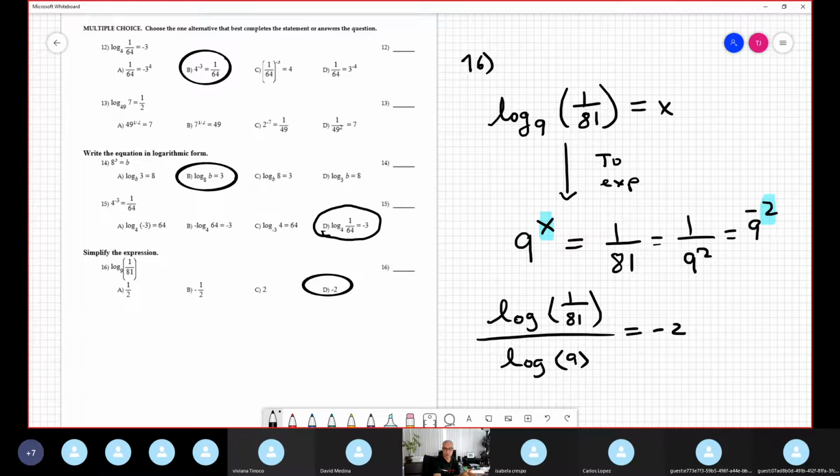In our example, the base is 9, a non-standard base. You switch to a standard base, maybe natural or common, and put it in a calculator. What way you prefer? A calculator or by hand?